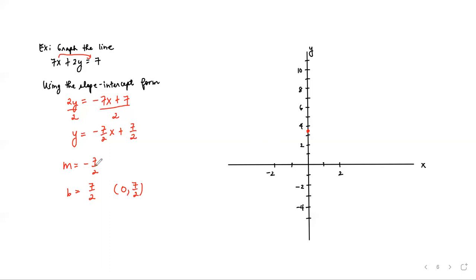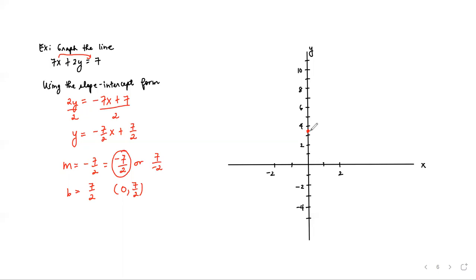Now, since the slope is -7 over 2, we can treat this as -7 divided by +2 or +7 divided by -2. So if we are going to use -7 divided by +2, that means from the y-intercept, we are going to move 2 units to the right side.